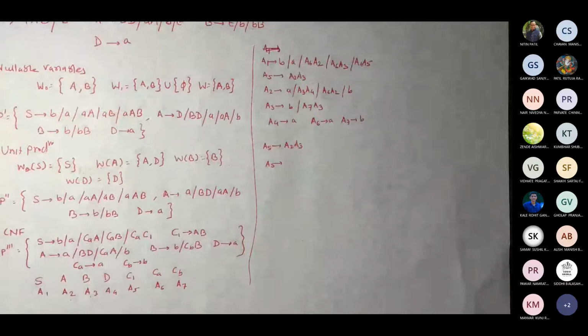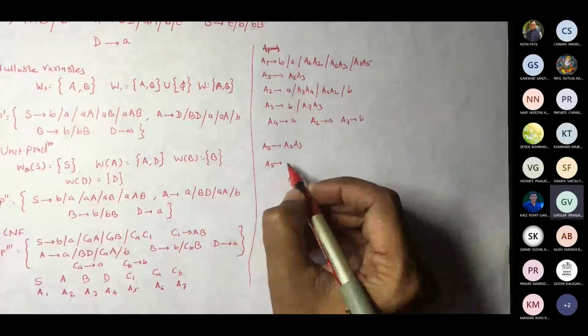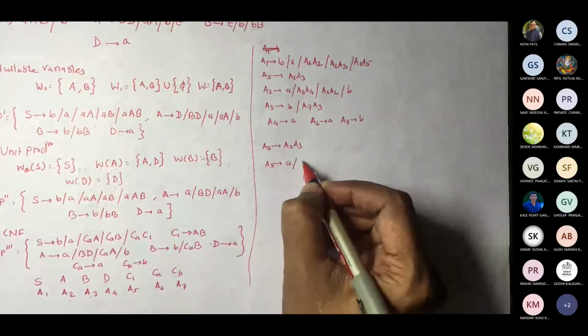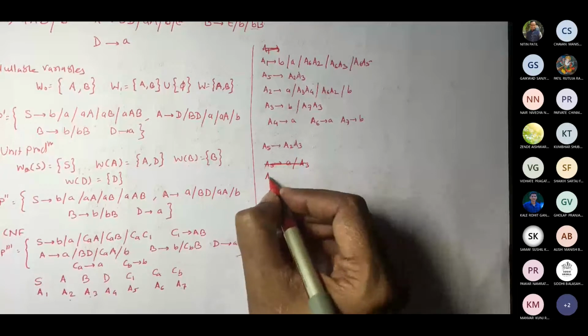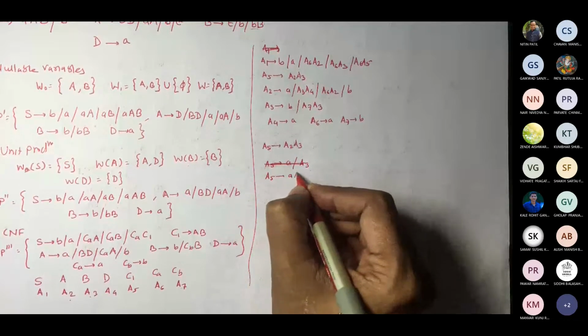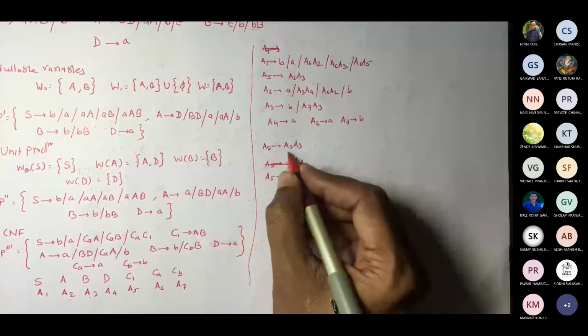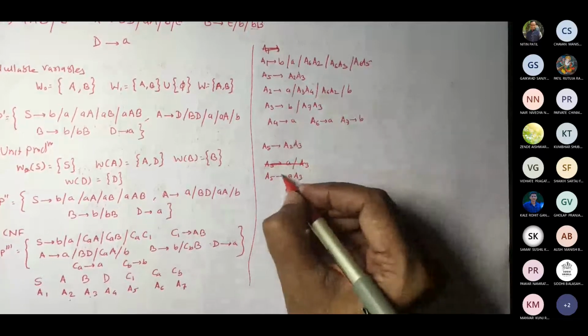How many A2 productions are there? 4. Let us write that. A5 gives A3. Correct. I am putting A here.